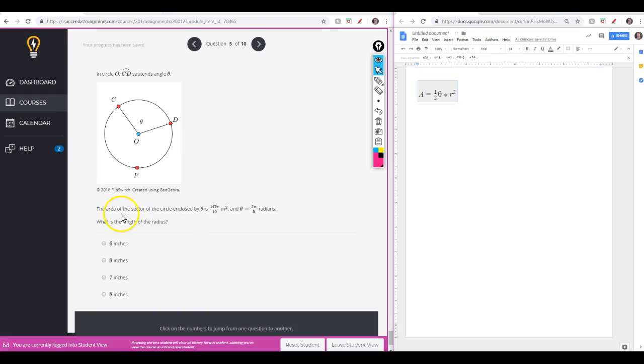Okay, so now we're just going to substitute. So the area of the sector is 147 pi divided by 10. That's the area.